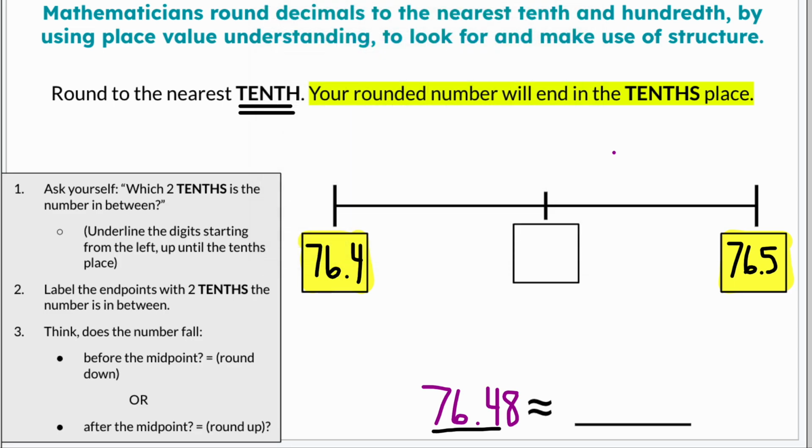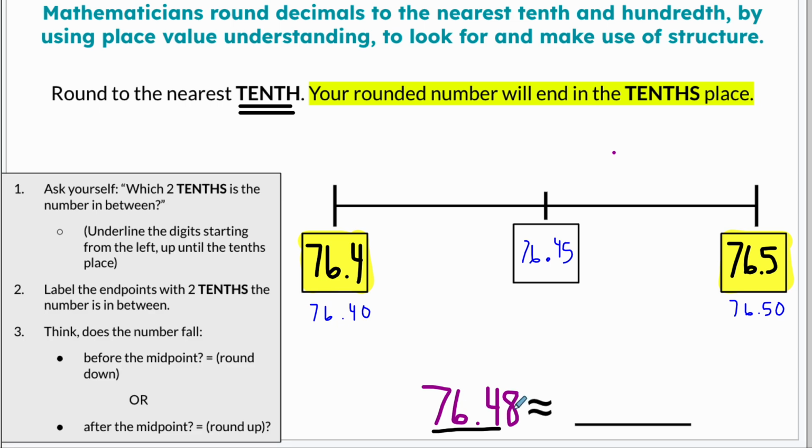But to be able to use the think money strategy, I might jot underneath how much money this is. $76.40, $76.50, and right in the middle, our midpoint is $76.45. Cool. So now all of my thinking work is just about done. One more thing to think about.